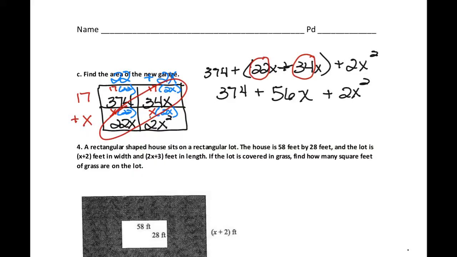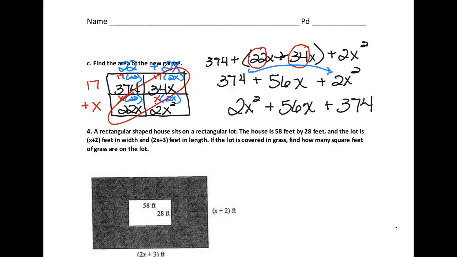No. So we gotta flip these two and write it as 2x squared plus 56x, which has a degree of 1, plus 374. We're talking about area, so this is feet squared. Whenever you're talking about area, it is your units squared.